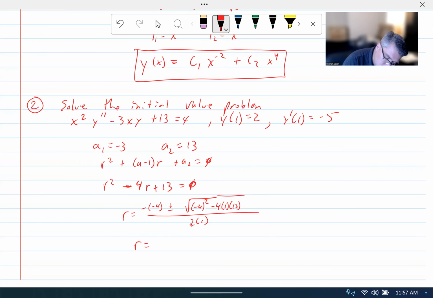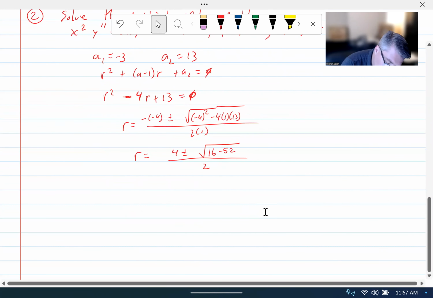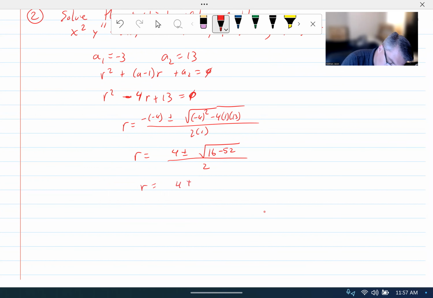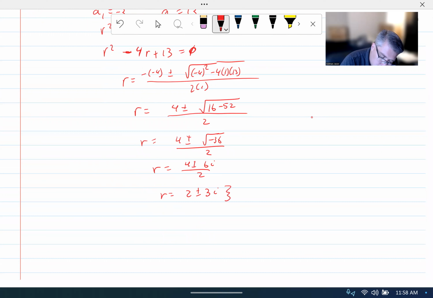So r equals 4 plus or minus the square root of 16 minus 52, all over 2. 16 minus 52 is negative 36. So r equals 4 plus or minus 6i over 2. So r is equal to 2 plus or minus 3i. So I get complex conjugate roots.